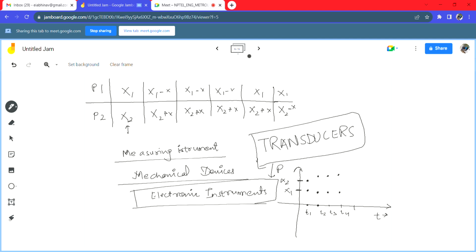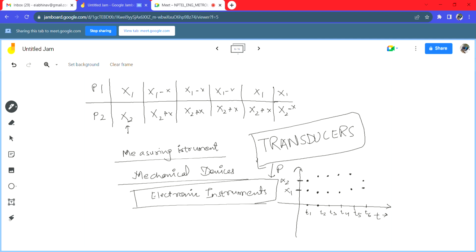At t equals t5, it gave us a value of x1, and this gave us a value of x2 plus x. At t equals t6, it gave us a value x1, and it gave us a value of x2 minus x.